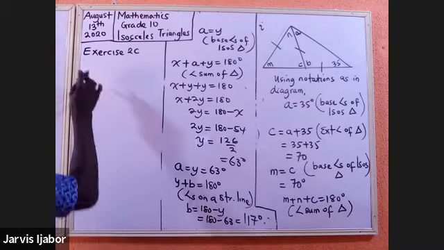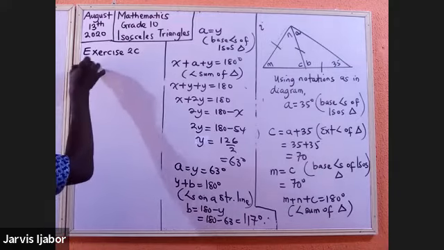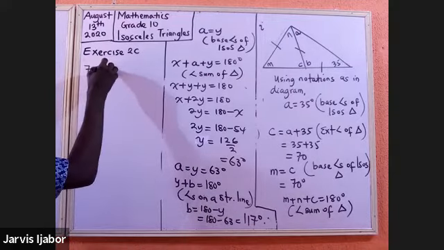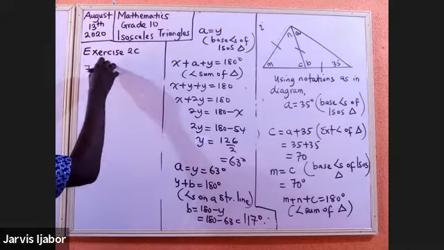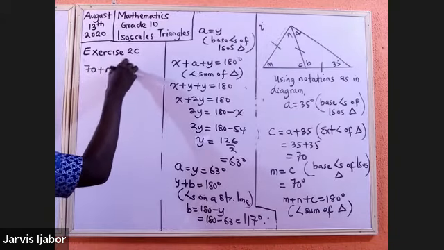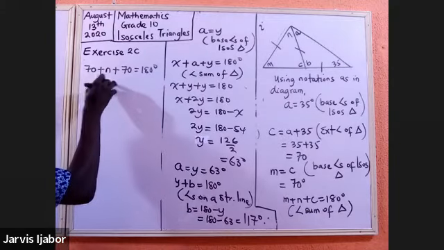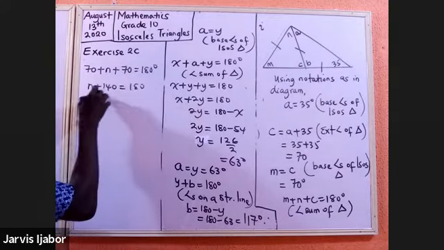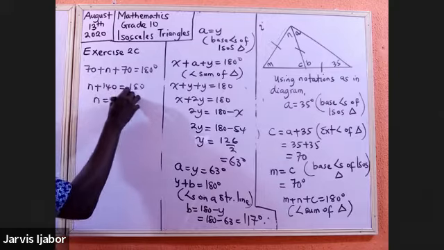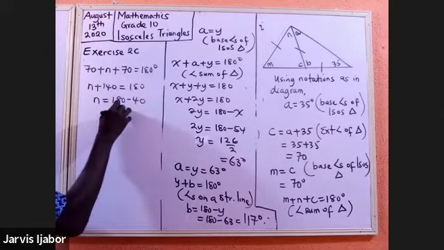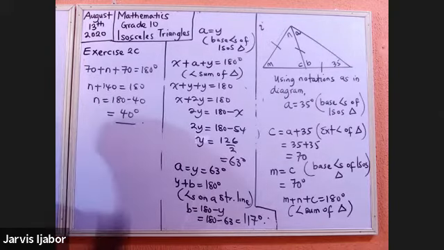That will mean that M is 70 plus N, we don't know, plus C, 70, will give you 180 degrees. So N plus 140 will give you 180. And N will be equal to 180 minus 140, and the answer is 40 degrees. All right, so that settles that question. N is equal to 40 degrees.